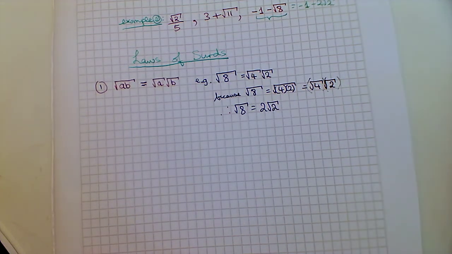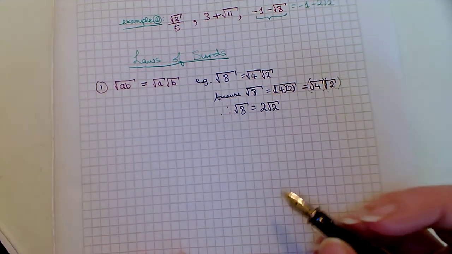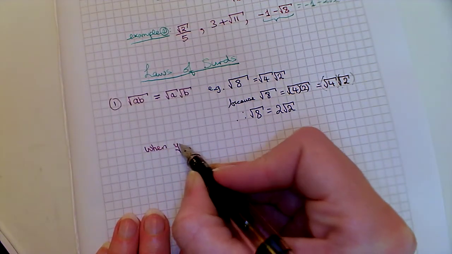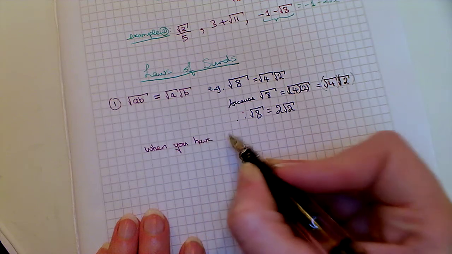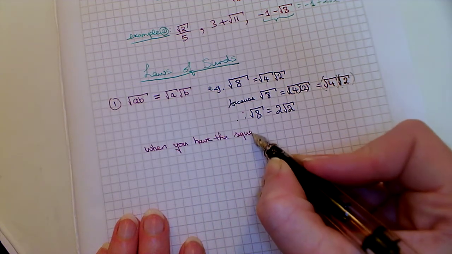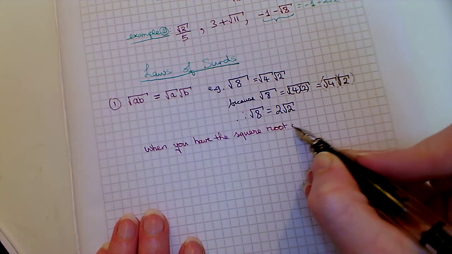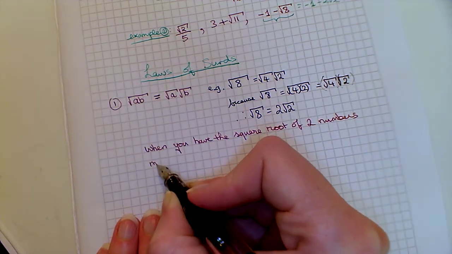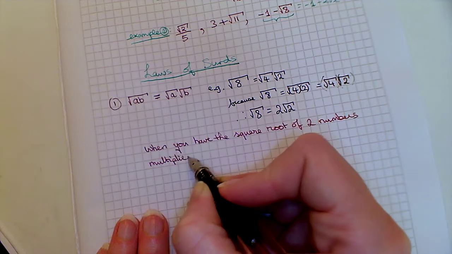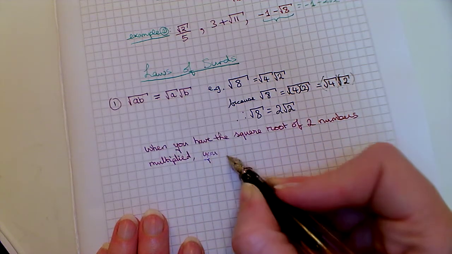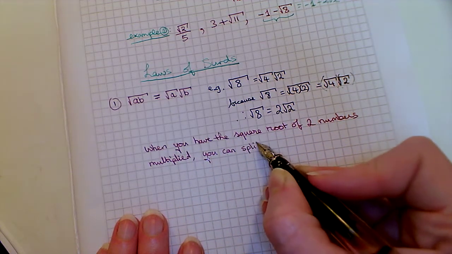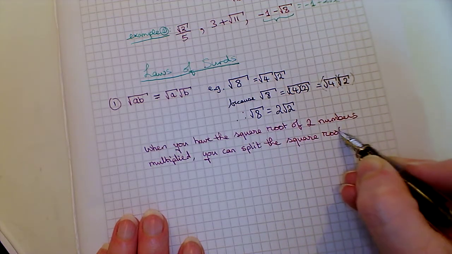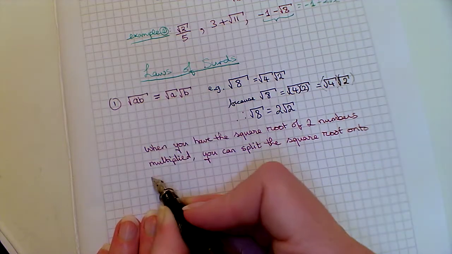So that's the first law. Let's put some words on it. When you have the square root of 2 numbers multiplied, you can split the square root onto each of the numbers.